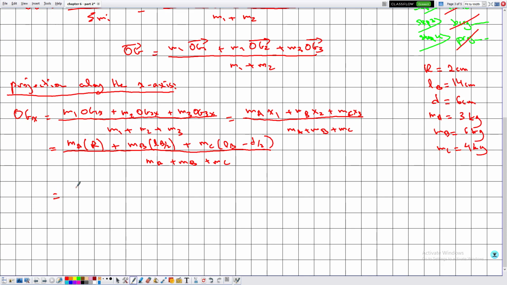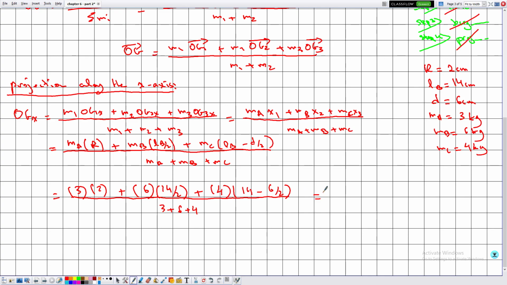Then MA is 3 multiplied by 2, plus MB, which is 6 multiplied by 14 divided by 2, plus MC, which is 4 multiplied by (14 minus 6) divided by 2, all divided by 3 plus 6 plus 4.